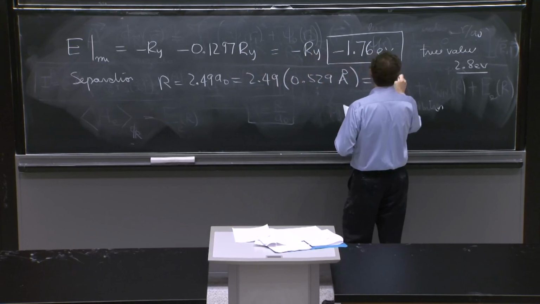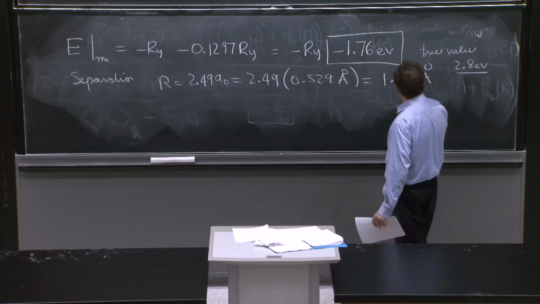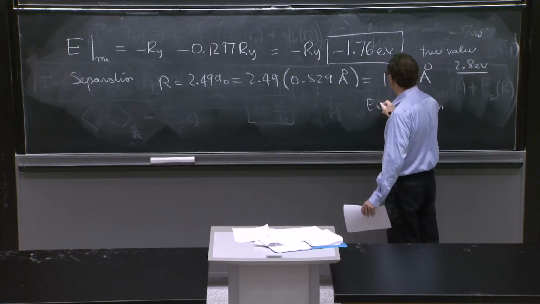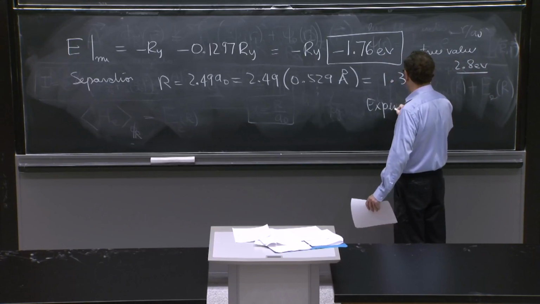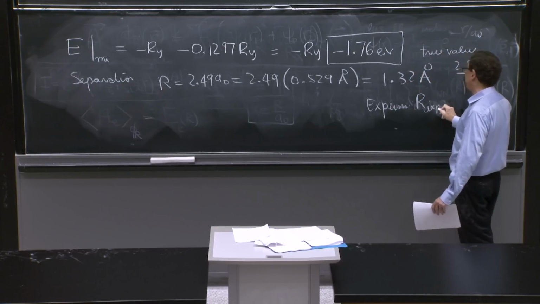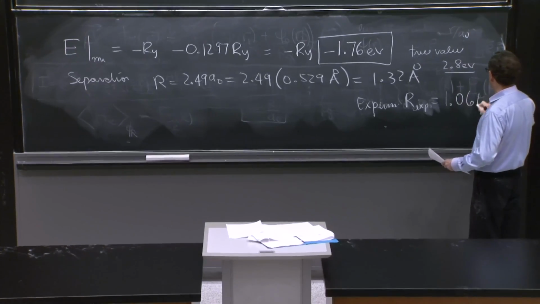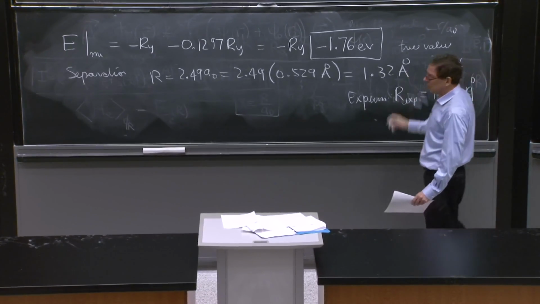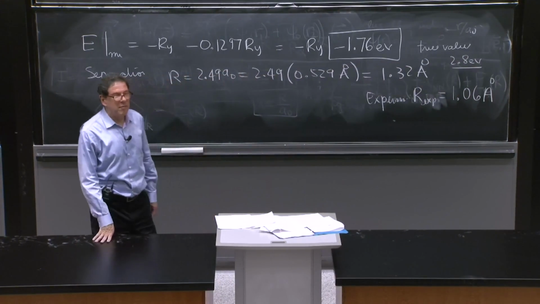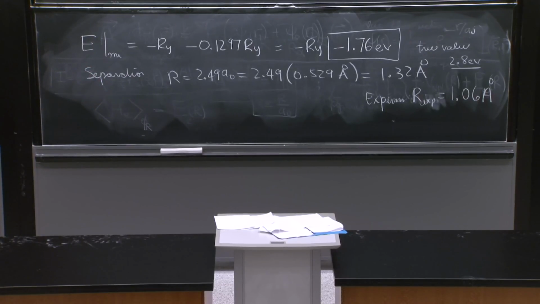It's about 1.32 angstroms. And the true experimental value of R is not that far, it's 1.06 angstroms, so it's a 20 to 25% error. But it gives you a way to think about this system.